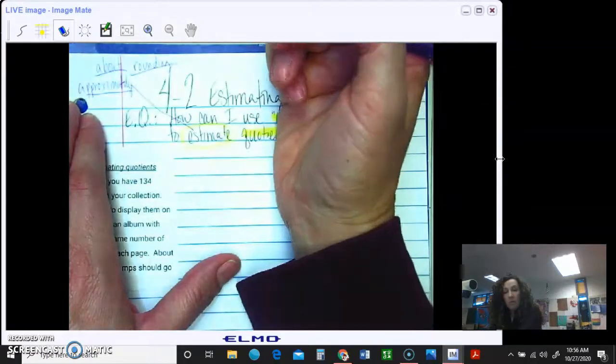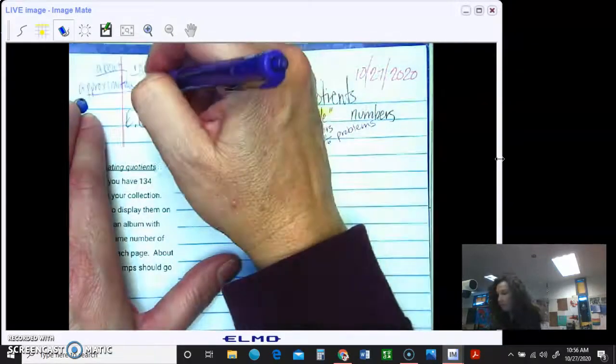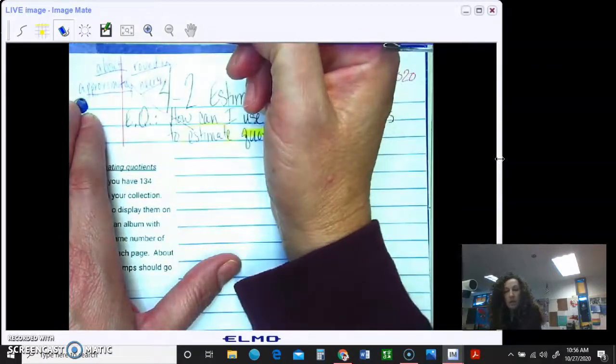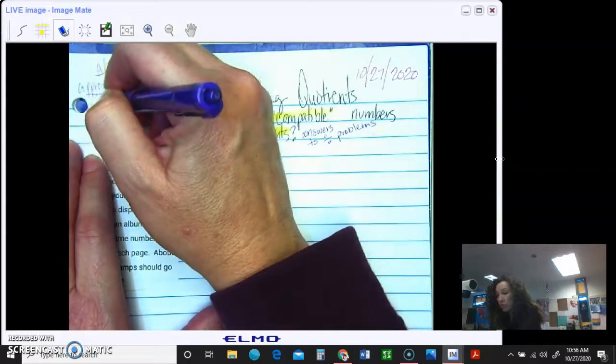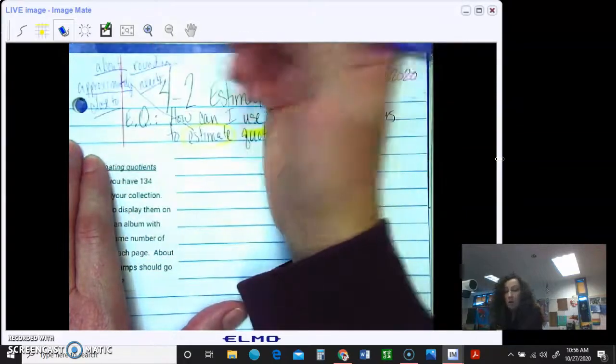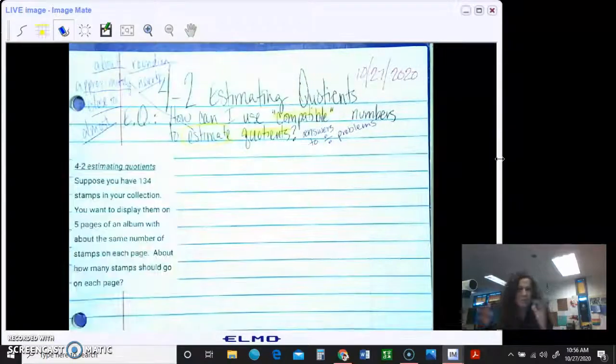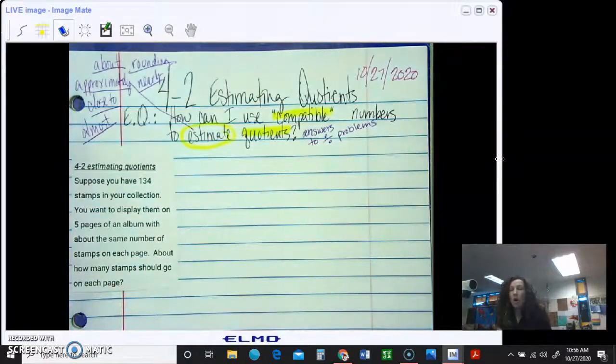Another one, nearly. This is a good one. Close to, or almost. And I'm sure there are more. This is just right now what I'm coming up with. Those all will be clue words that tell you to estimate. Do not do the actual math. We are estimating.